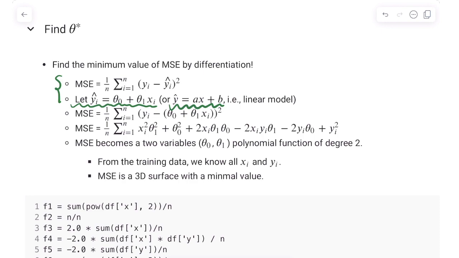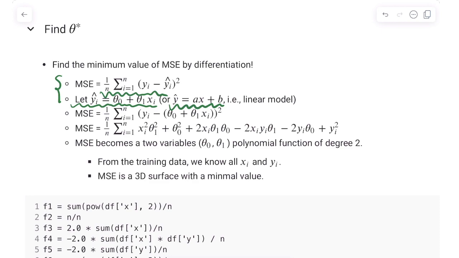And the other one is that we would like to calculate the MSE value, which is the average squared value of the errors.